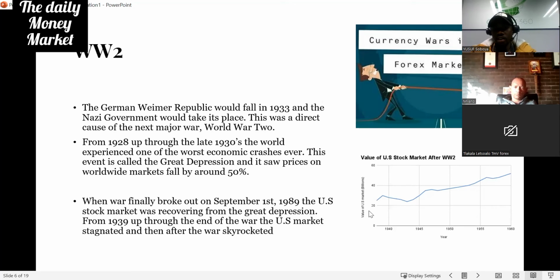We can see again the value of the US market, how it goes from all the way 1939 to 1989, pushing the price all the way up after the Great Depression, after everything had crashed. So the Great Depression happened when World War II started. By the time it was ending, whoever won that World War made the stock market of the United States spike up. Any questions so far?